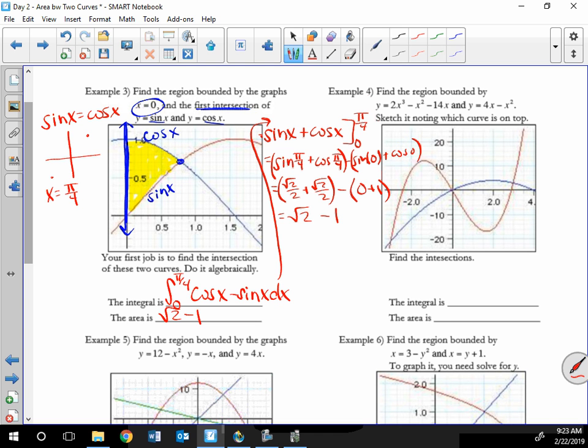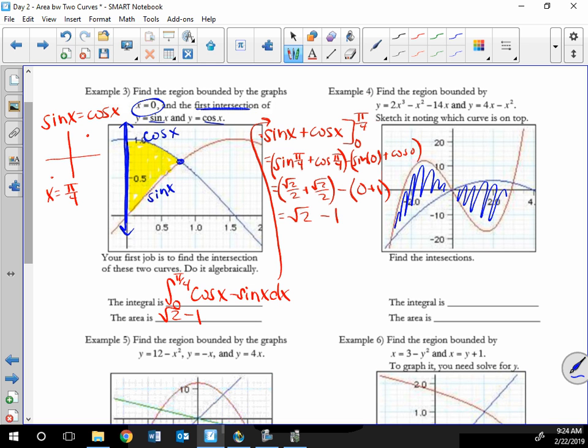Okay, let's go ahead and take a look at, I just want to talk about example 4 real quick. So we've already kind of talked about this with our geometry sketchpad illustration, but we can see when it says find the region bounded by these curves, that's going to be this region, and it's also bounded by this region as well. So it's pretty much anytime these two curves intersect to give us a chunk of area. So we can see here that it's going to change which function's on top.